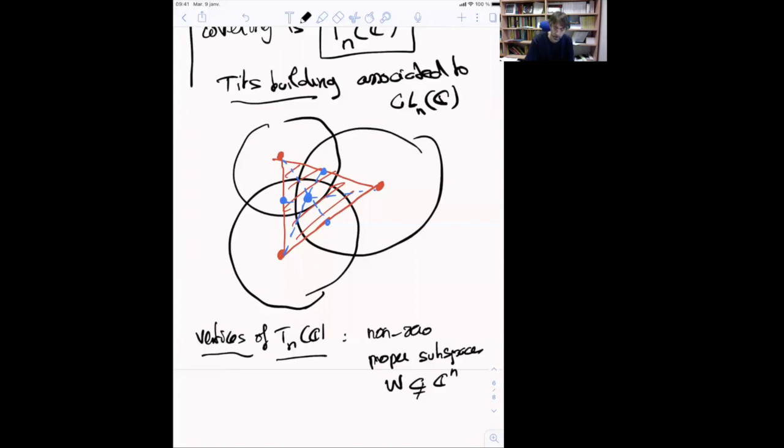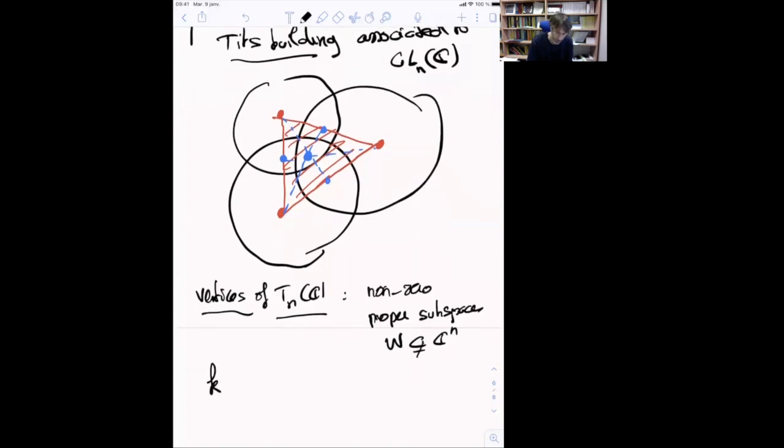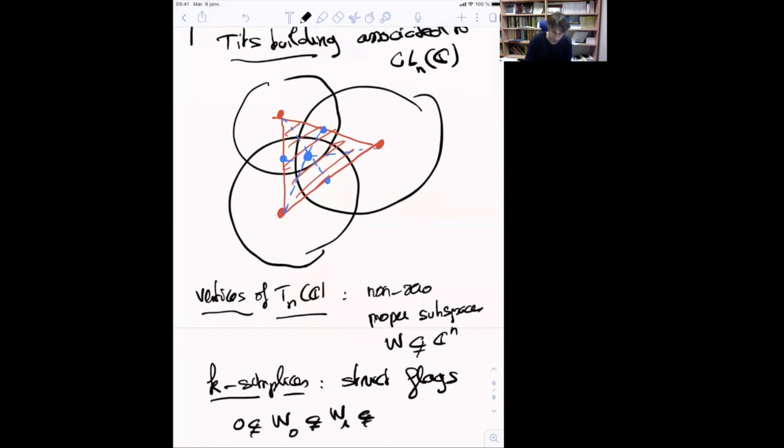And what are the k-simplices? The k-simplices are the strict flags that consist of non-zero proper subspaces of dimensions k, k plus 1, and so on.